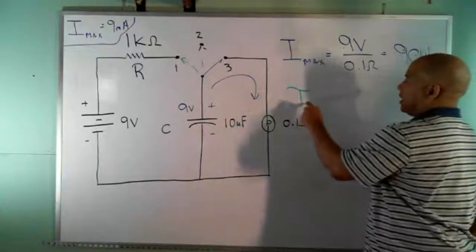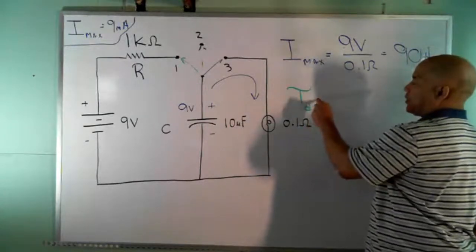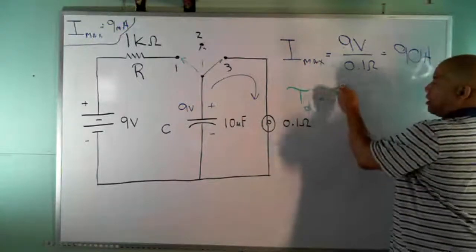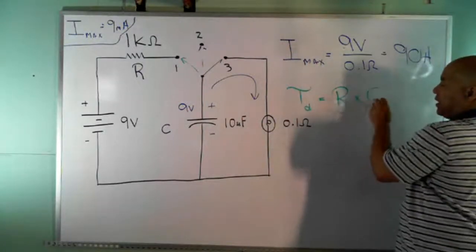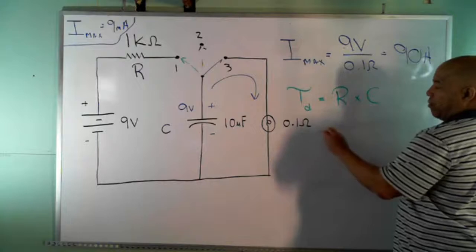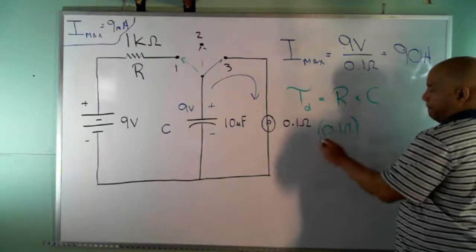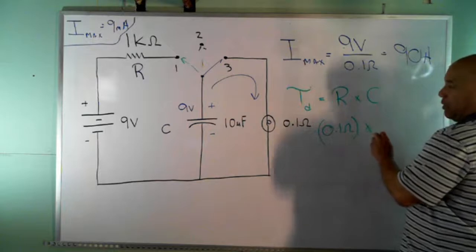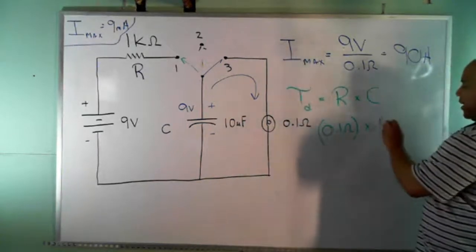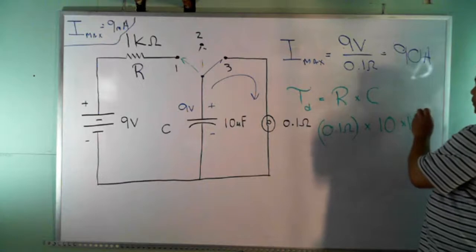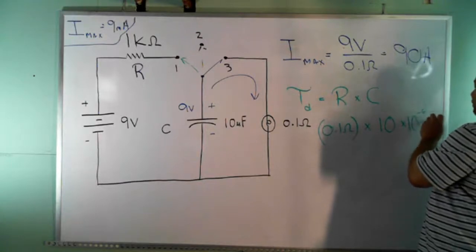You have to take tau. Now this is a discharge. It's not the same as charge, because now we're discharging through this. Our RC time constant is going to be, this is the R now, 0.1 ohm, multiplied by 10 times 10 to the minus 6 farads.